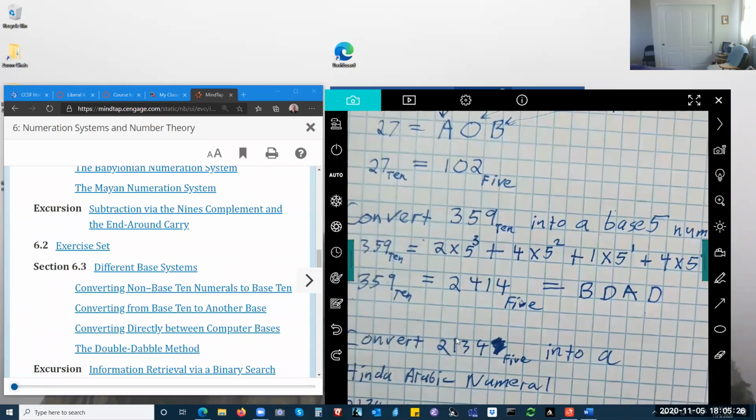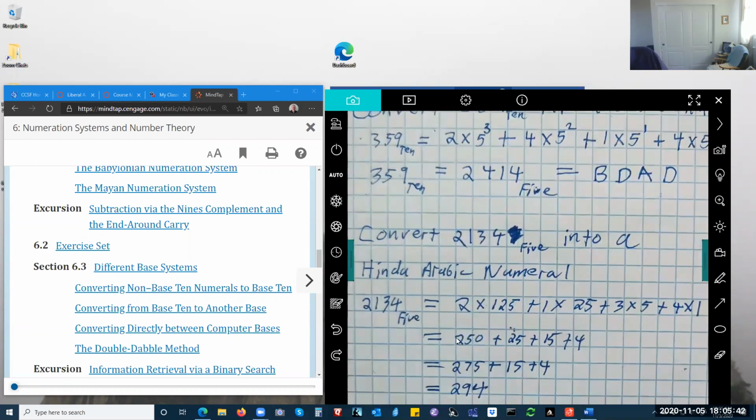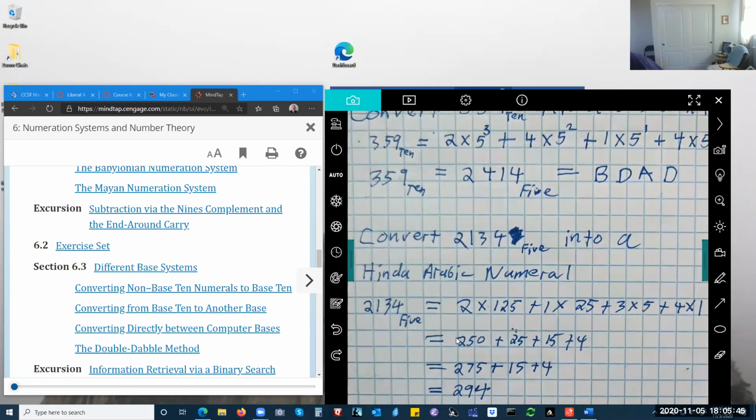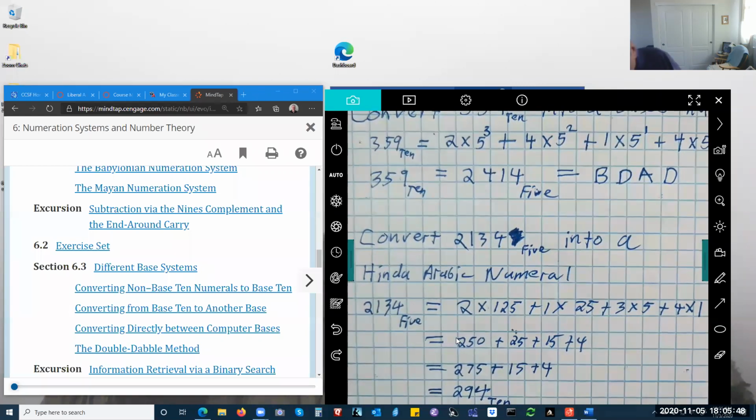So that's, so 2 hundreds, 9 10s, and 4 1s would be the same as 2 125s and 1 25 and 3 5s and 4 1s.